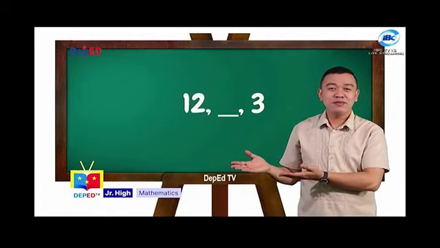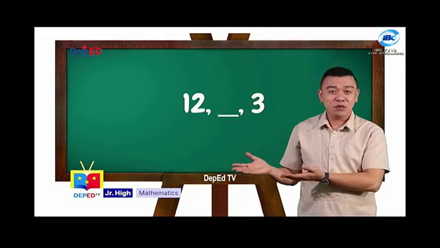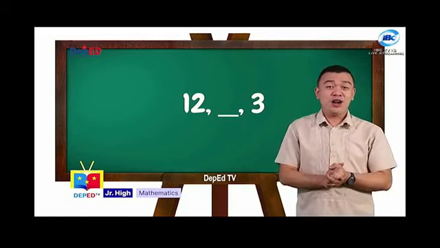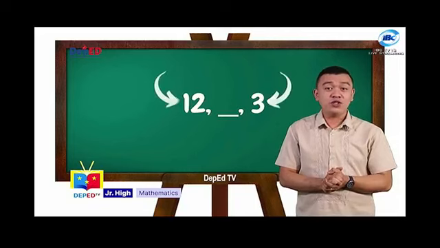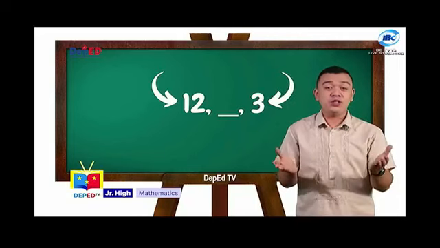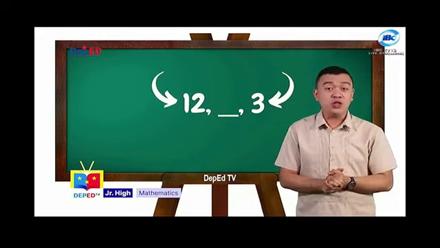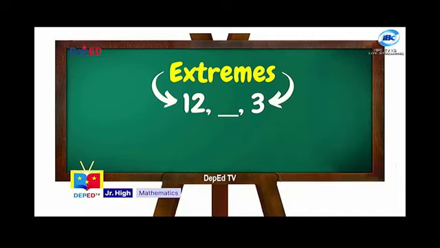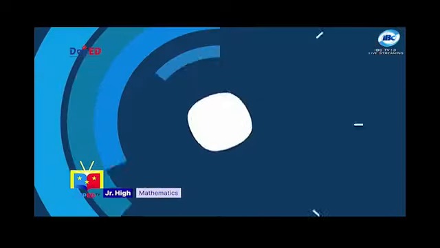12, blank, 3. The given terms are first and last terms. These terms are called the extremes. And the term or terms in between the extremes are called geometric mean or geometric means.